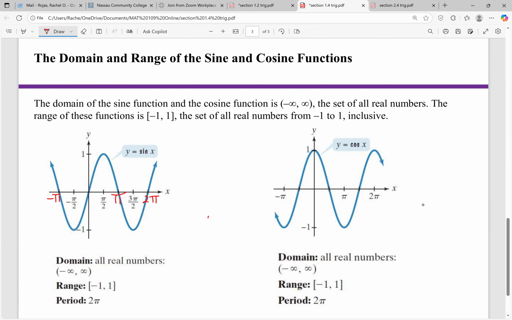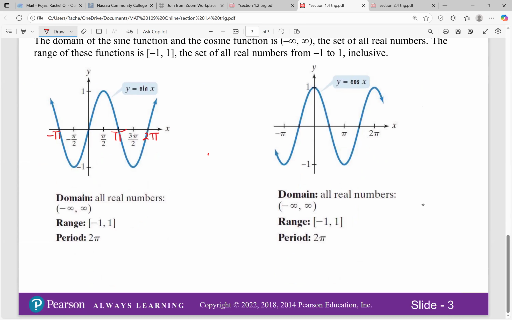You see how this graph just continues indefinitely in both directions. So x could be any angle, in other words. But the output, y, is going to oscillate between negative 1 and positive 1. So the domain is all real numbers. The range goes from negative 1 to positive 1.